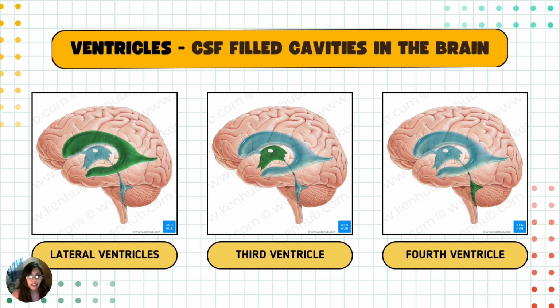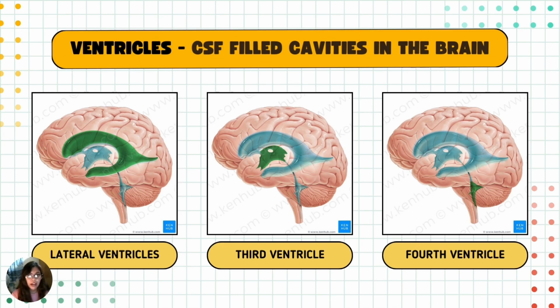Next is the third ventricle, which is a narrow ventricle cavity located in the midline between the two halves of the thalamus. It connects the lateral ventricles via the intraventricular foramina.